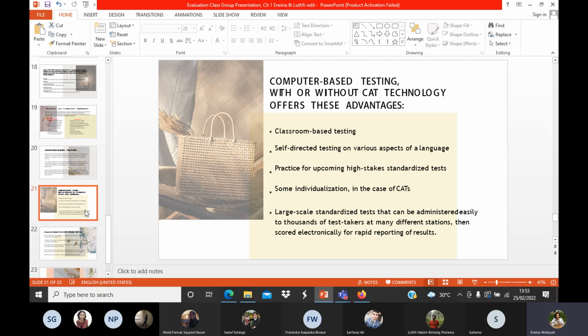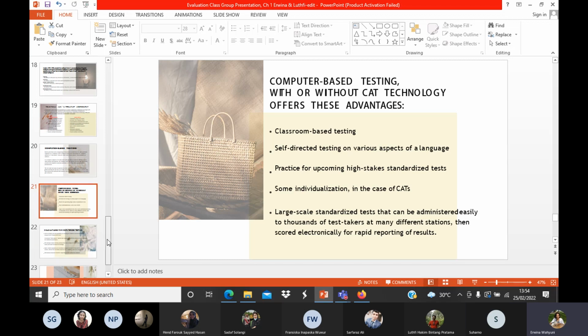So maybe each student can be observed with more accurate feedback or evaluation. And then it is mostly provided in large-scale standardized tests, so it can be tailored easily to a large number of test takers in different places. So it is very effective that the result can be gained in a short time.